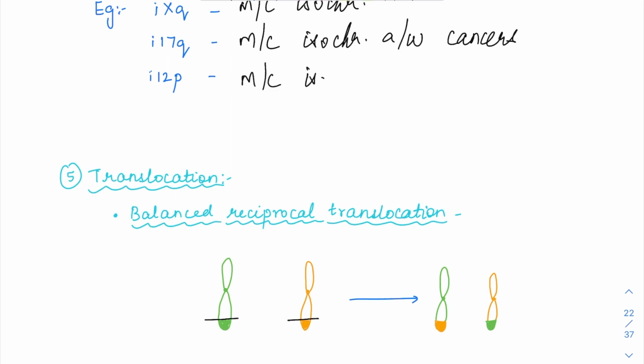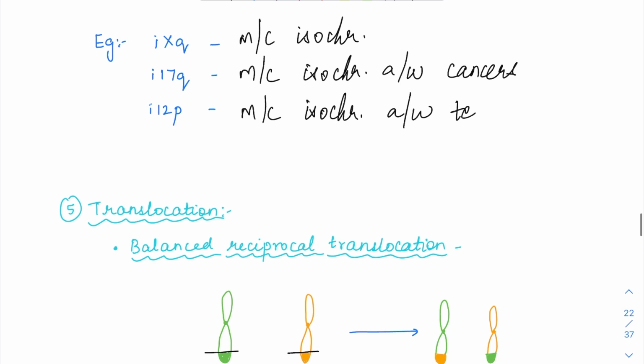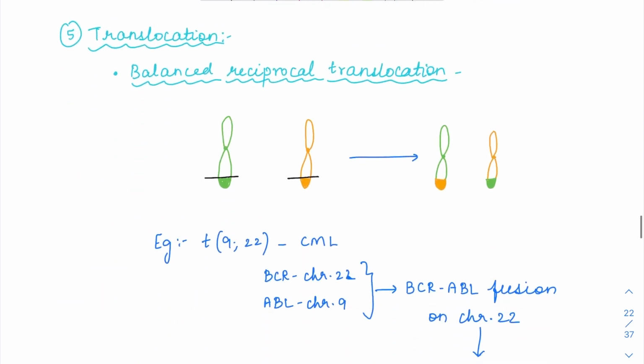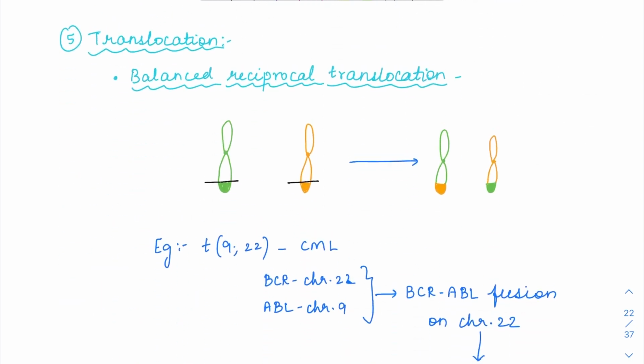This is the most common isochromosome which is going to be associated with testicular tumors. Okay, so isochromosome 12p for testicular tumors, isochromosome 17q for cancers, and then isochromosome Xq is the most common isochromosome. Then we have translocation.